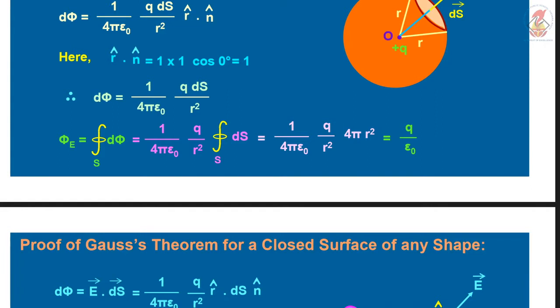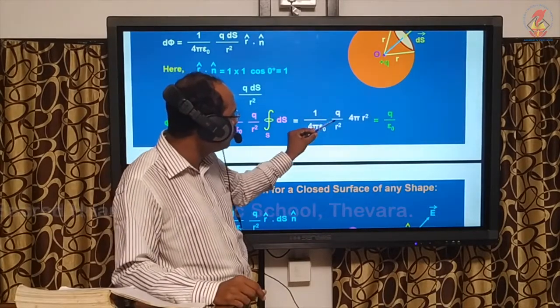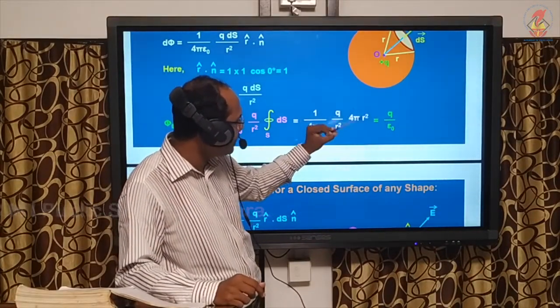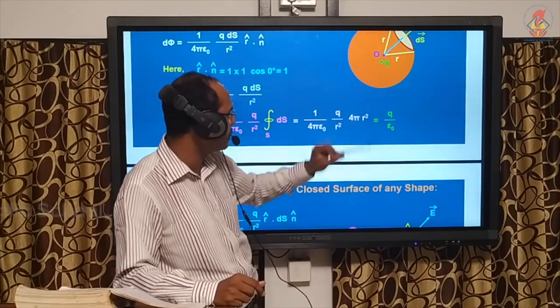Since q by 4 pi r square epsilon 0 is constant, I can take it outside the integral and only integrate dS. dS is a small part of the sphere. So integral dS means the entire surface area. So 1 by 4 pi epsilon 0 q by r square into integral dS, where the entire surface area is 4 pi r square.